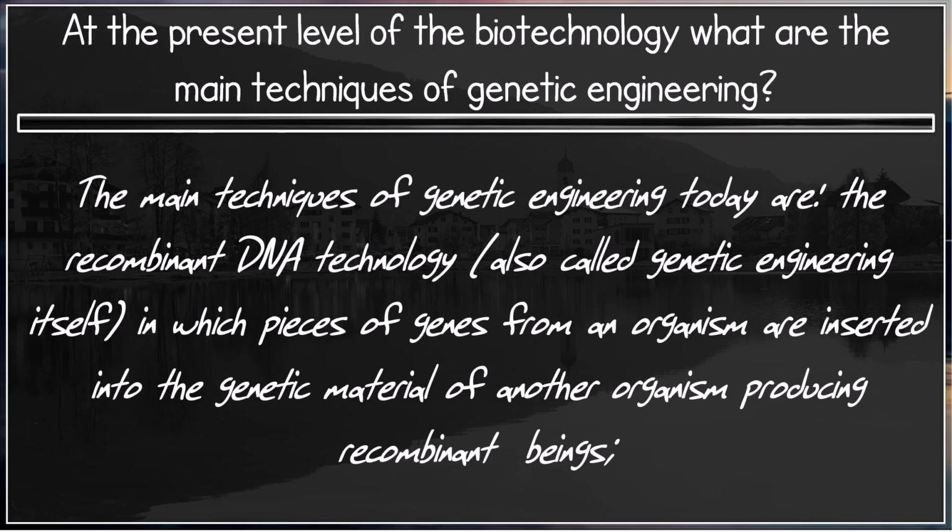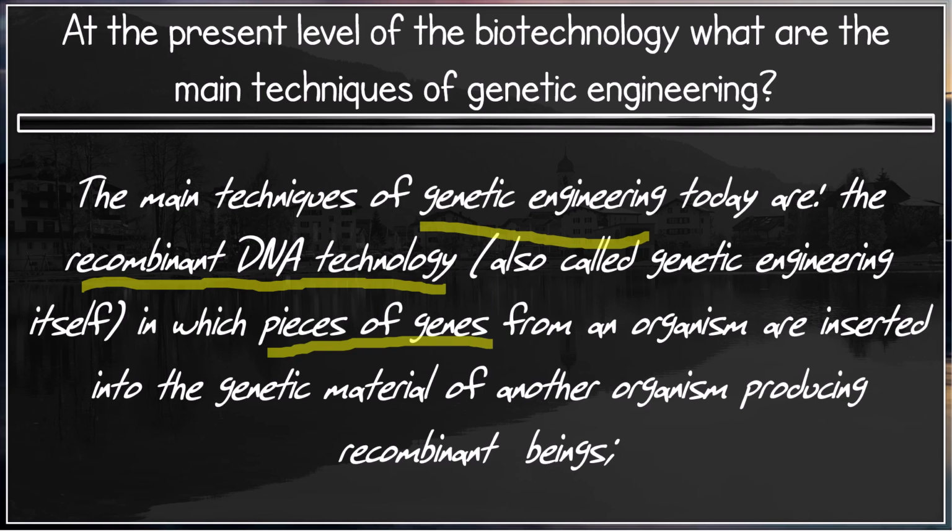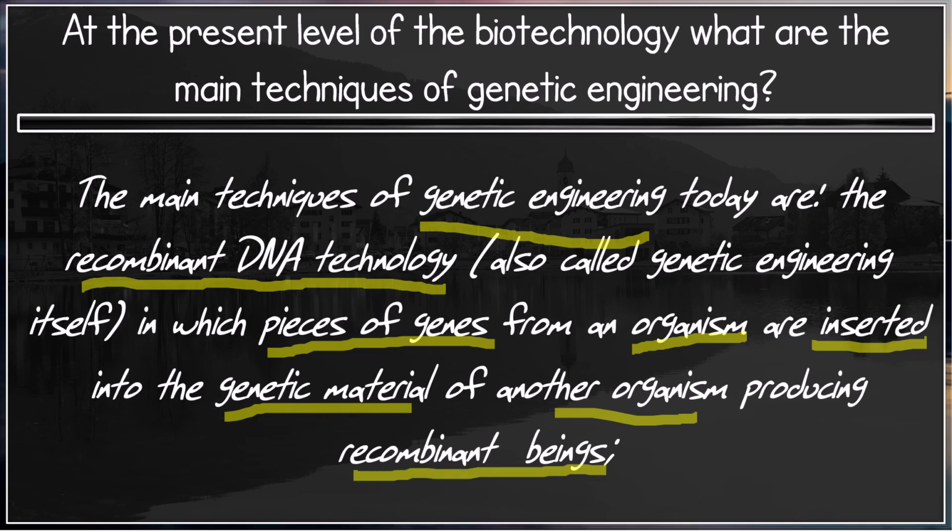The main techniques of genetic engineering today are recombinant DNA technology, also called genetic engineering itself, in which pieces of genes from an organism are inserted into the genetic material of another organism, producing recombinant beings.